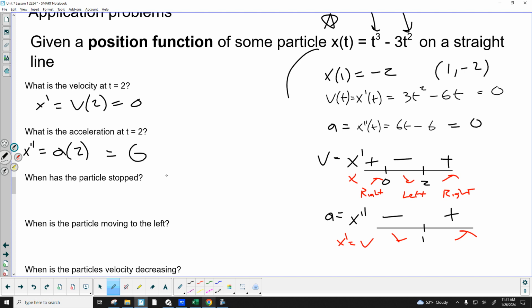When has the particle stopped? When does the particle stop? Tell your neighbors. 0. Yeah, when the velocity is 0, because that's when the rate of change is 0. I'm neither moving left or right. I have stopped. When am I moving to the left? Oh, I know that. That's when my position is decreasing.